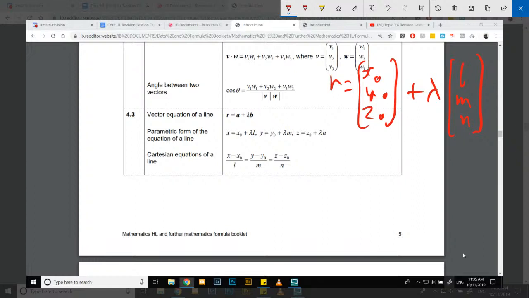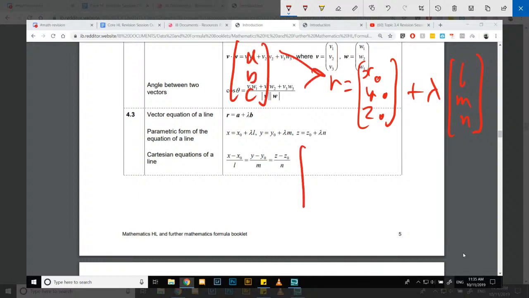And then the other thing you have to check is whether the starting position is the same, or does the starting position of one of the lines lie on the other line? You can check that by literally plugging it in and solving. Say I have some vector A, B, C, and I want to check if it lies on this line.